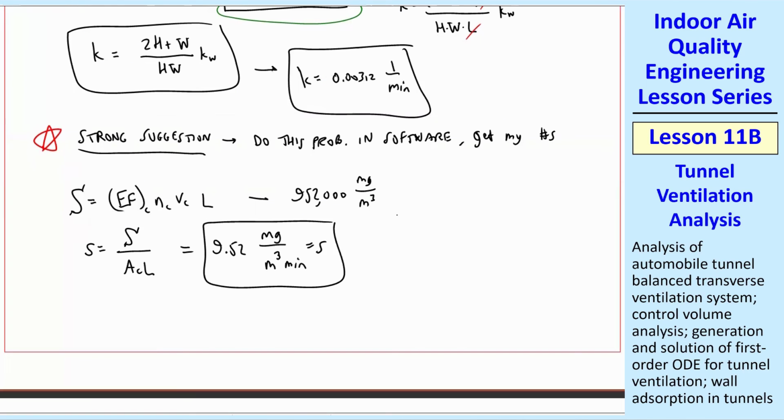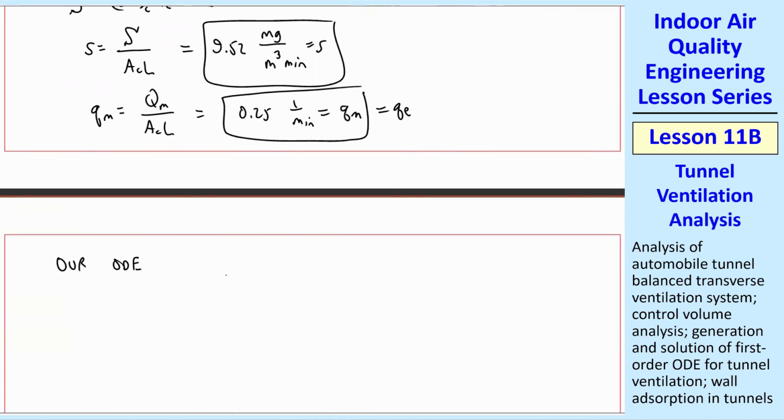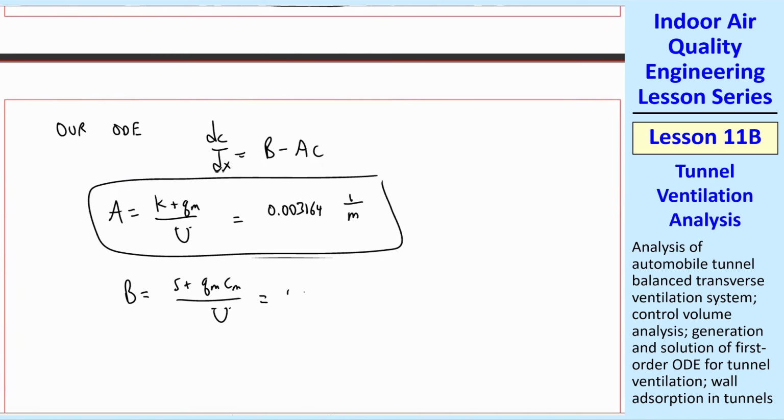Lowercase s, and then QM, and that's also equal to QE. And then in our ODE, in standard form, we call that A, which was K plus QM over U. Plug in all our numbers, you should get 0.003164, and the units are 1 over meters. And then B is 0.122125 milligram per meters to the fourth.